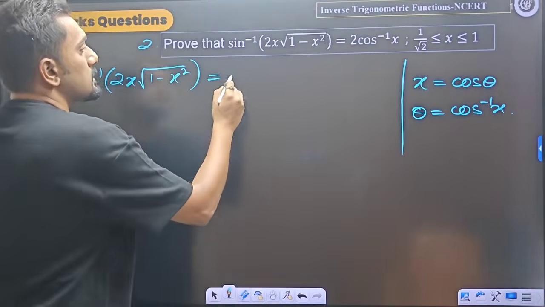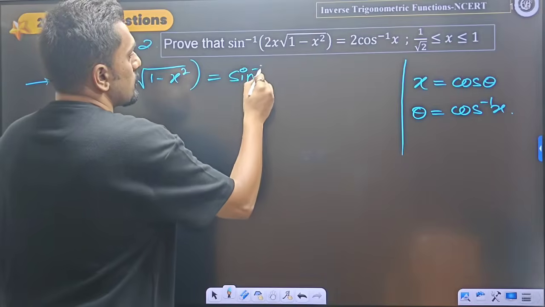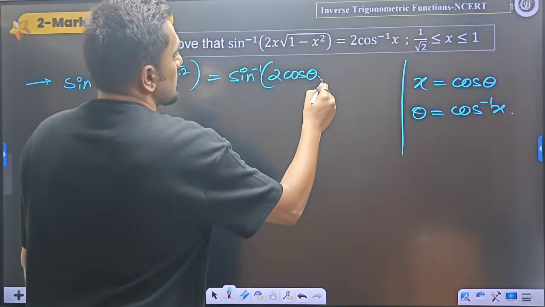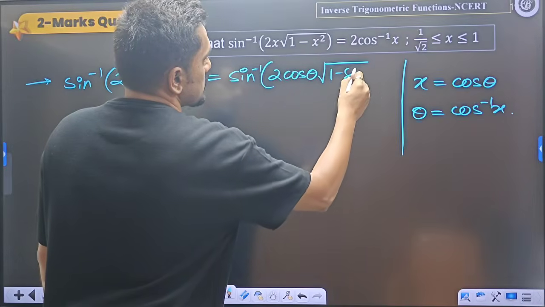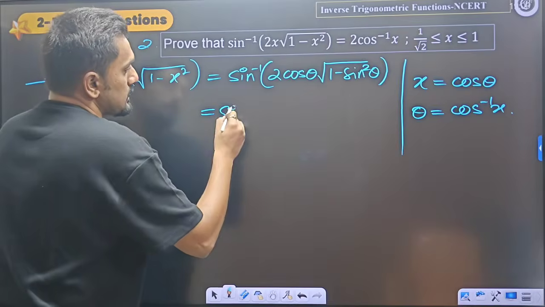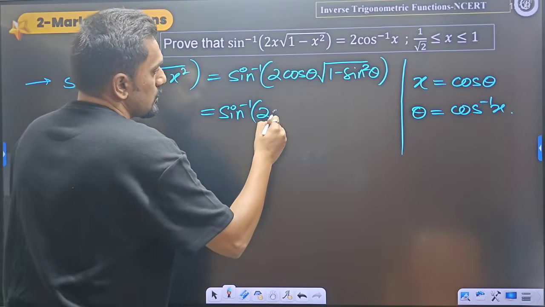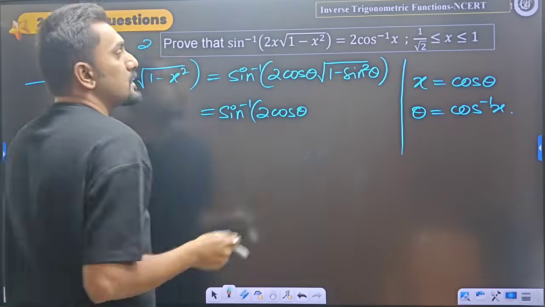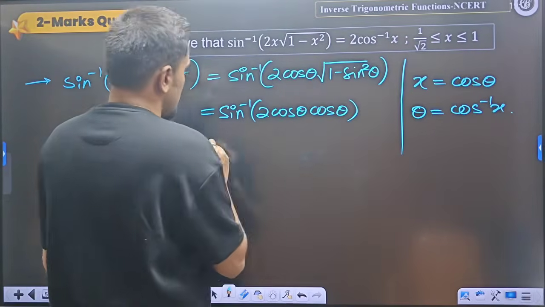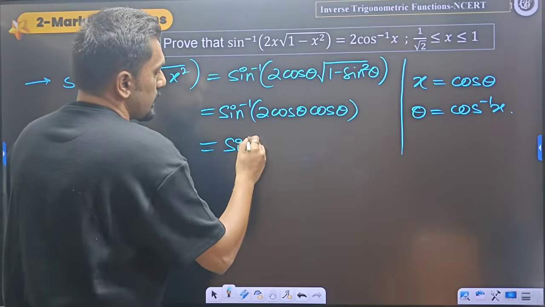Then this becomes sine inverse of 2 into cos theta under the root of 1 minus sine square theta. Root of 1 minus sine square theta is nothing but cos theta. Then what is 2 sin theta cos theta?